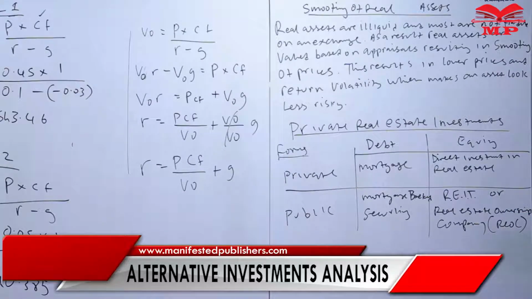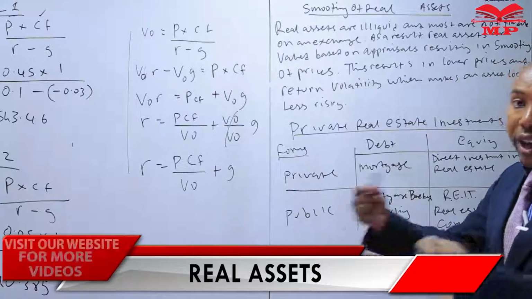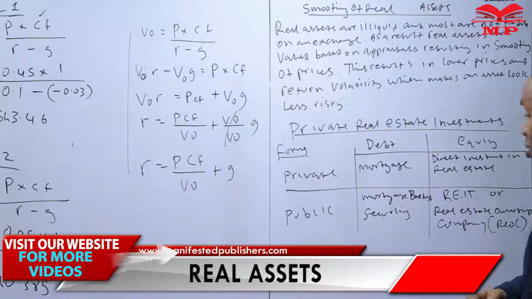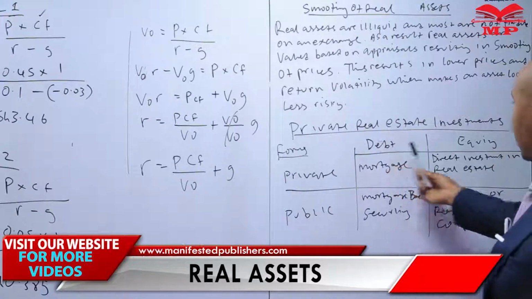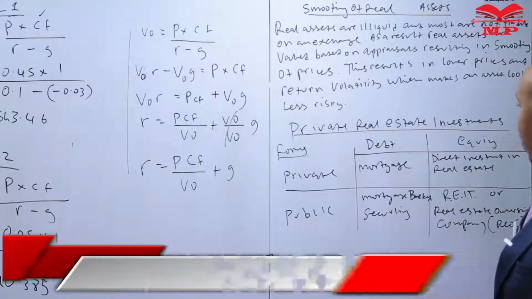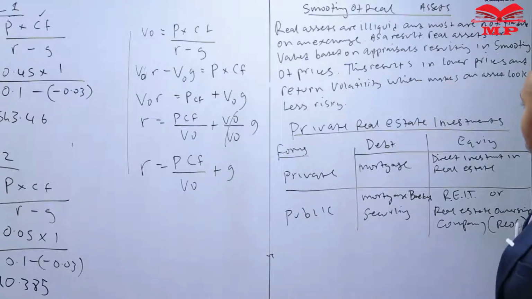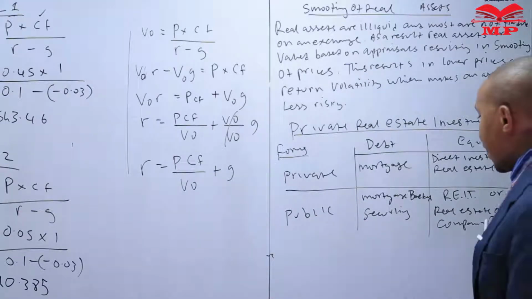There are companies that outrightly own or purchase real estate with the intention of reselling it much later. Now, these are the forms of private real estate investments. The next subsection that we need to look at is the characteristics.